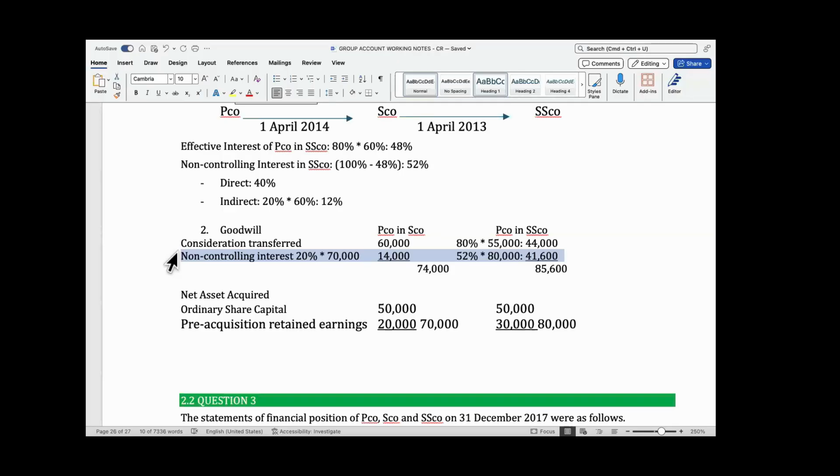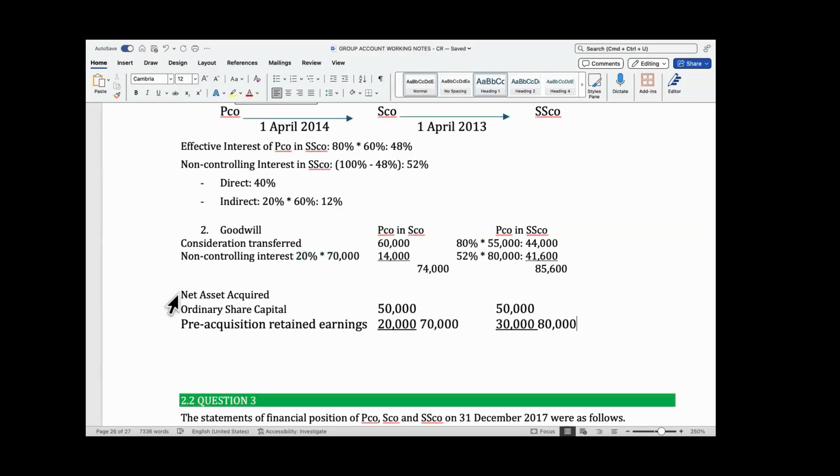The cancellation should be between what we paid against what we acquired. So NCI is coming here just to compare 100% against 100%. For ESCO it is a little direct because the parent paid 60,000. Why the NCI? In this case, it's proportionate share. It's just the remaining 20% times the net asset acquired.